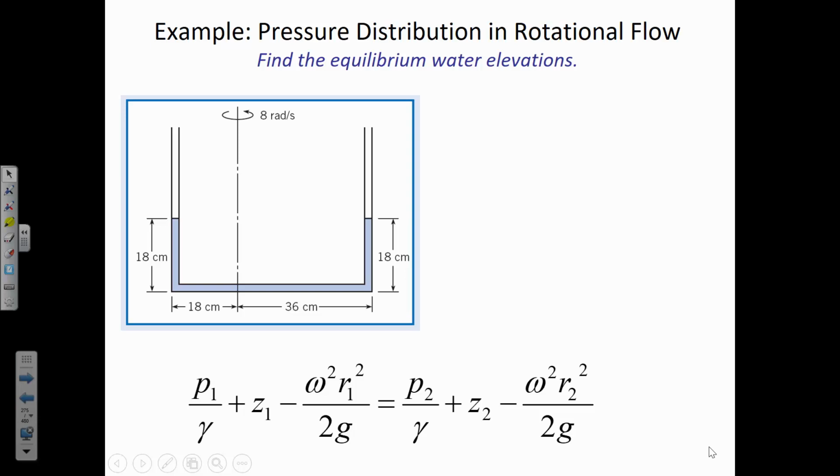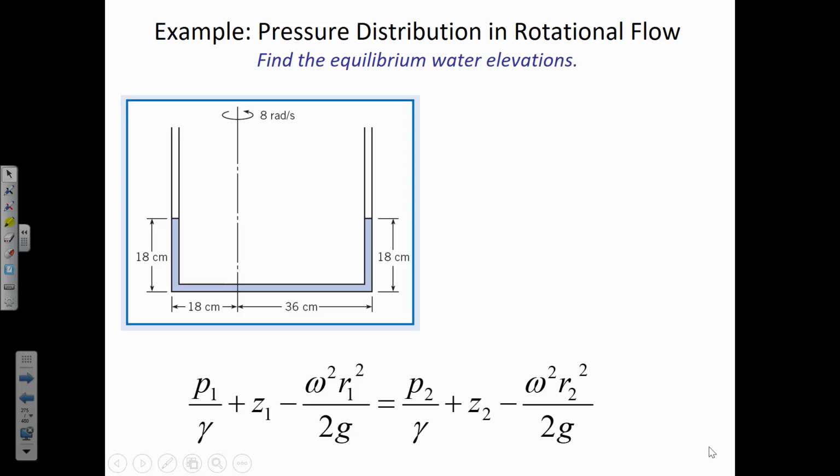So what we would have to do instead is come up with an equation that relates R1 and Z2. Then that would be our 2 equations and 2 unknowns. We wouldn't exactly know where the interface is. We do know the Z value at least. Location 1 is here. Right there is Z1.